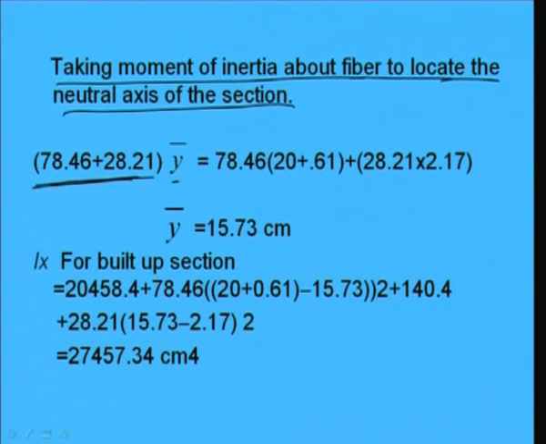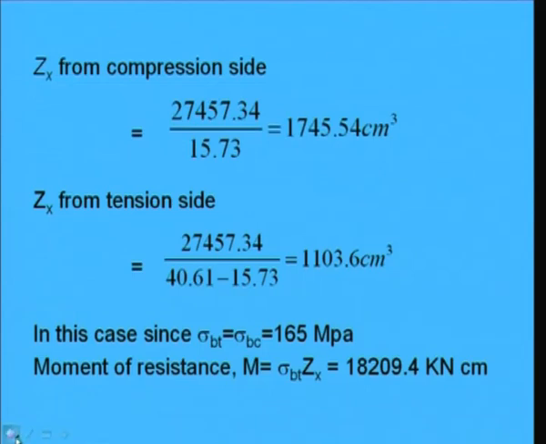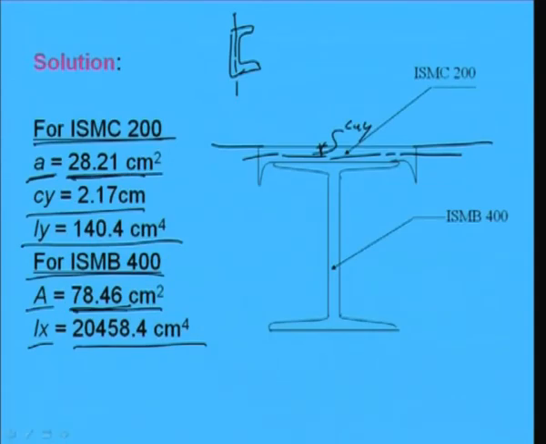Say the neutral axis is acting here. So, this is y bar, the distance from the extreme fiber at the top to the neutral axis.